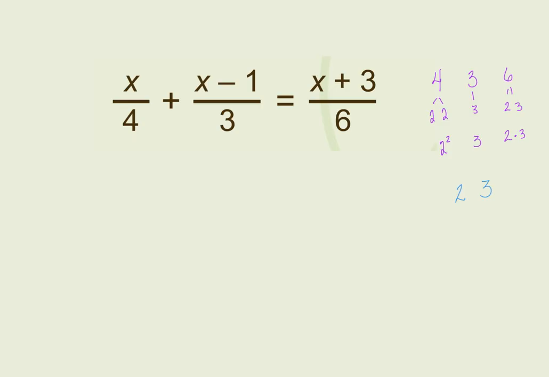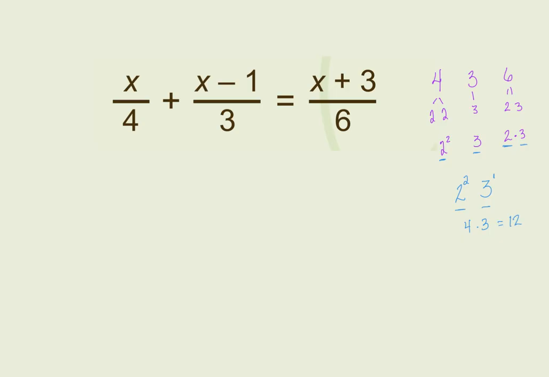And I need to take these and use the highest exponent for each of them. So by that I mean I have a 2 squared and a 2. I just need to use the highest exponent, squared. And I have a 3 and a 3. Those are both to the first power. And so if I say 2 squared times 3, well, that is 4 times 3. My least common denominator is 12.